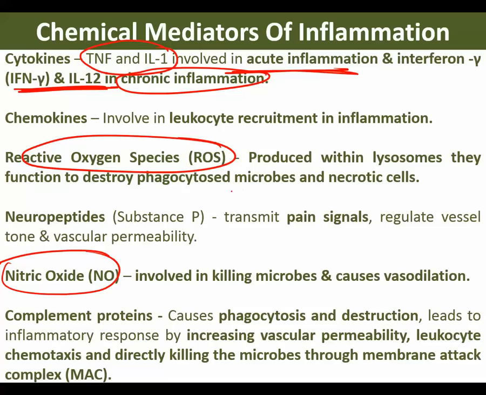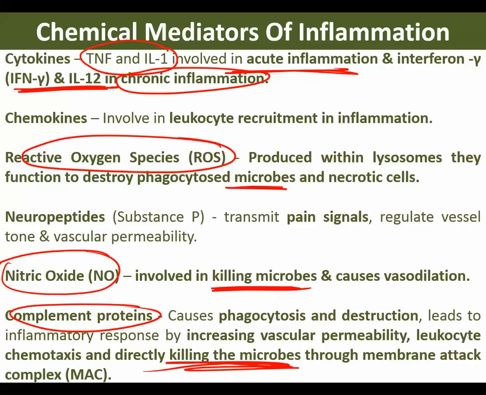They are very, very powerful in killing microbes. And complement protein also directly kills the microbes. So these three directly kill the microbes: reactive oxygen species, nitric oxide and complement protein.